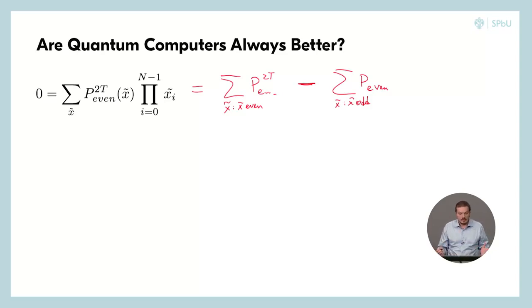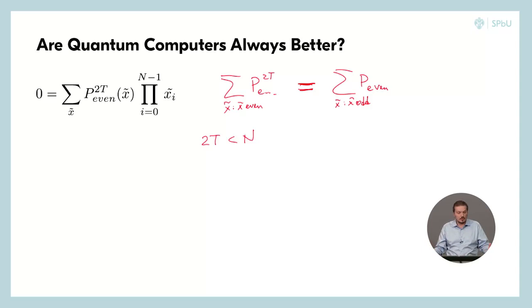And we see now that the probability for us to say that a function is even equals the probability for us to say that a function is odd if 2t is less than n.